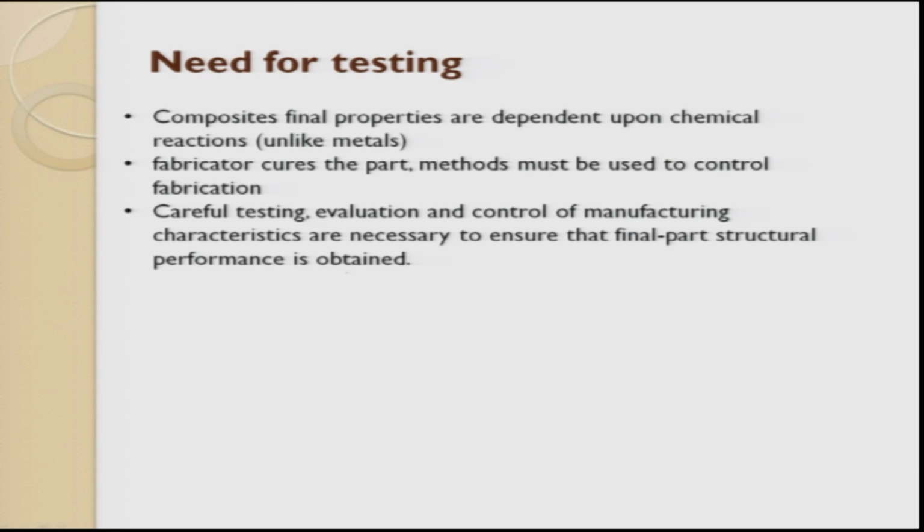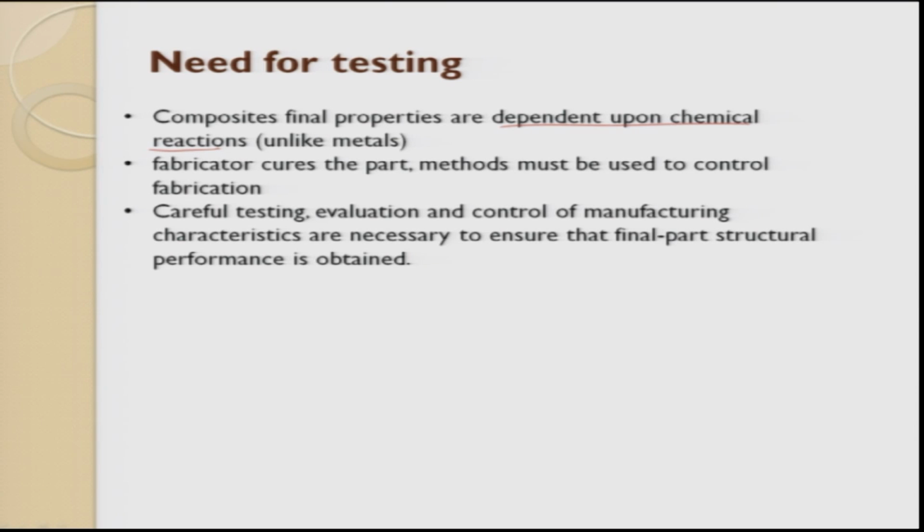Need for testing. The composite materials are dependent upon chemical reaction. Why? Because the polymer is used as a matrix. This matrix, when you add hardener and other ingredients, tries to set. Suppose the matrix is not set properly because of improper additives, and it also has a poor interface, then the outside of the composite might look proper.